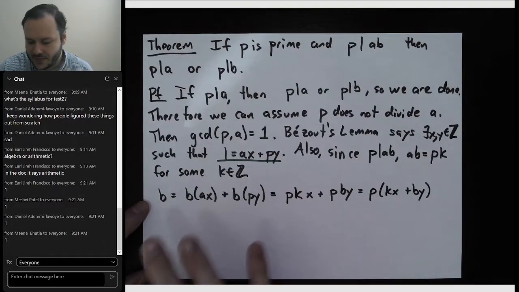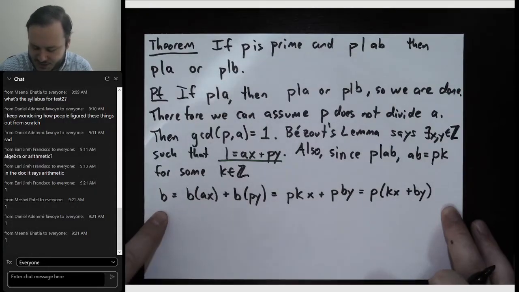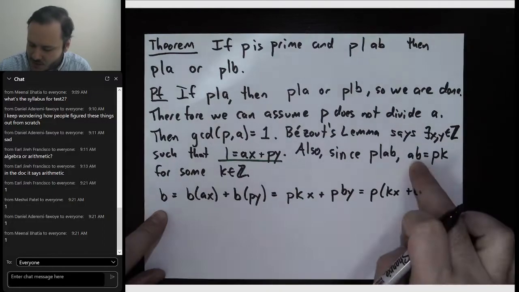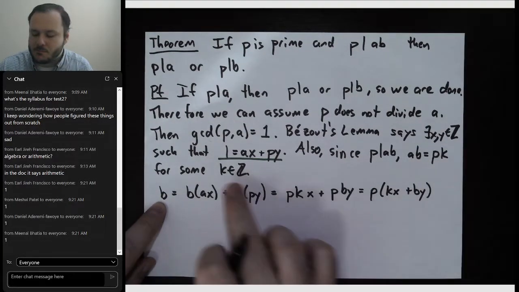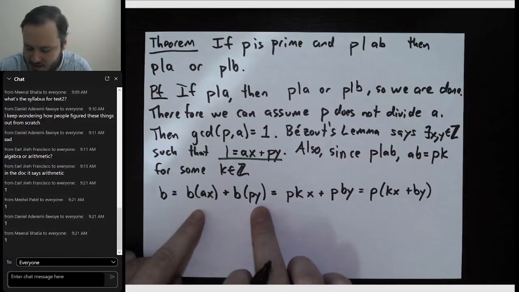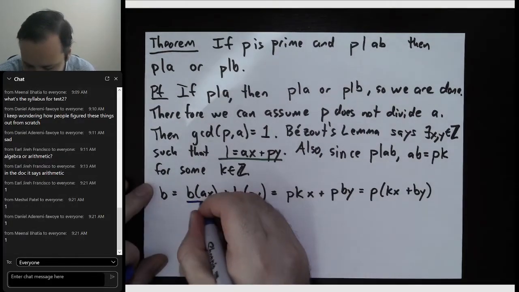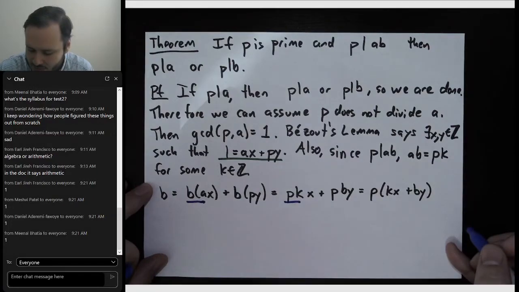All right, I did a lot there. This is the step of the proof that's hard to come up with. I took this equation. I know that a times b is equal to p times something. I multiplied this whole equation by b. I found an a times b, so I replaced it with a p times k.